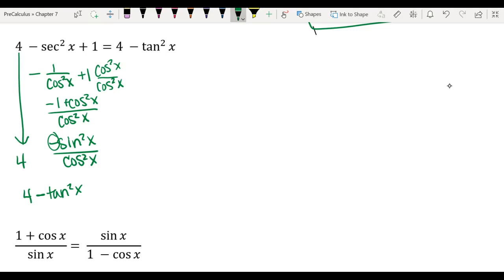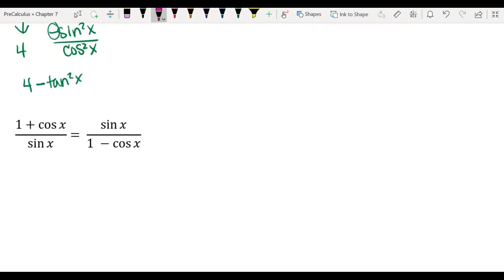So if you see that happening, you're going to multiply the top and bottom by the conjugate of the one you have to work on. Okay, so this is the one I have to work on, right? So I'm going to multiply top and bottom by the conjugate of this. So I'm going to multiply this by 1 minus cosine of x, 1 minus cosine of x. Okay, and I'm going to work from there.